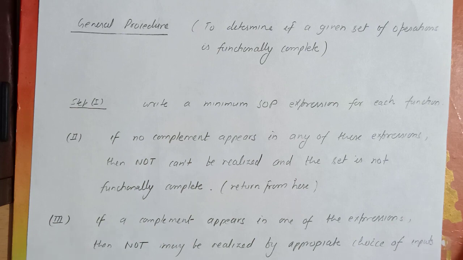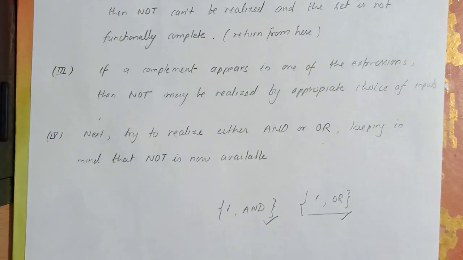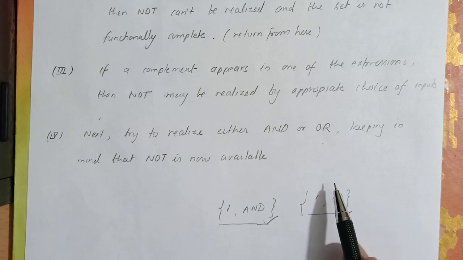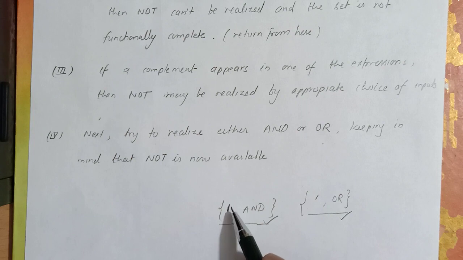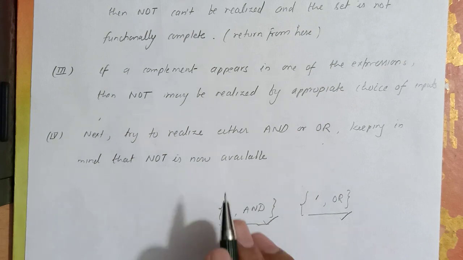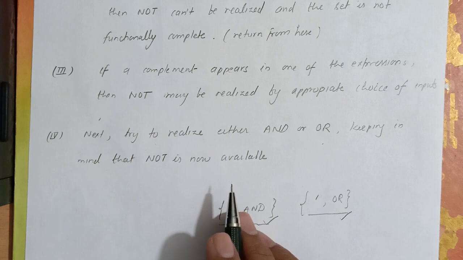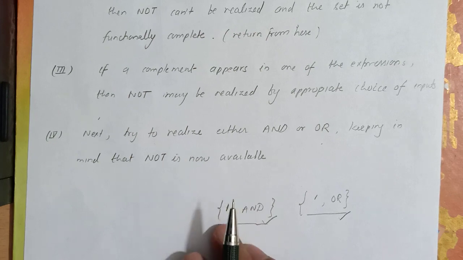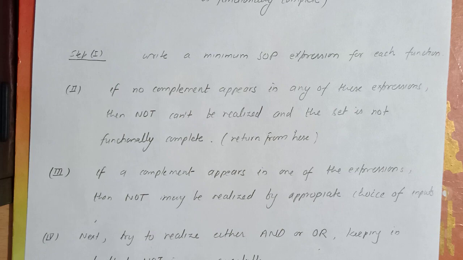Now if you are given any operation, then we will try to realize the NOT operation and AND operation by using that operation, or we will try to realize these two operations. Firstly we will try to realize NOT. Do remember, this is the general procedure. Now we will look into a few examples of functionally complete operations.